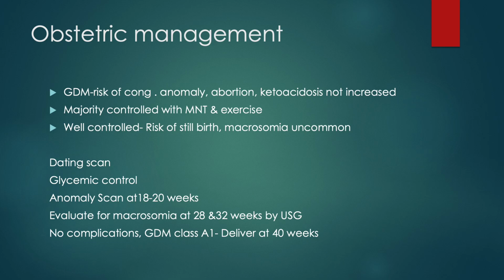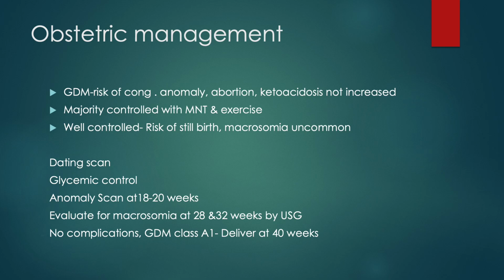So first we do a dating scan, preferably between 8 to 10 weeks, and try to achieve glycemic control. We have to do an anomaly scan at 18-20 weeks, and after that evaluate the fetus for macrosomia at 28 and 32 weeks by USG, looking at the biometry.